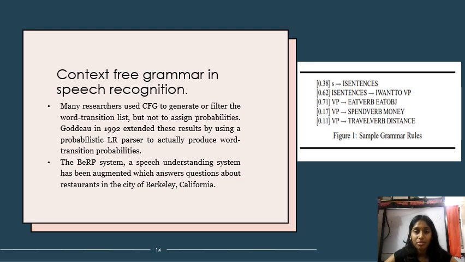A number of researchers have proposed ways to use natural language processing backend information in the speech recognition process. BERP consists of the RASTA PLP feature extractor, a multi-layer perceptron (MLP) phonetic probability estimator, a Viterbi decoder, an HMM lexicon, and a natural language interpreter, which incorporates a stochastic context-free grammar and a database of restaurants.